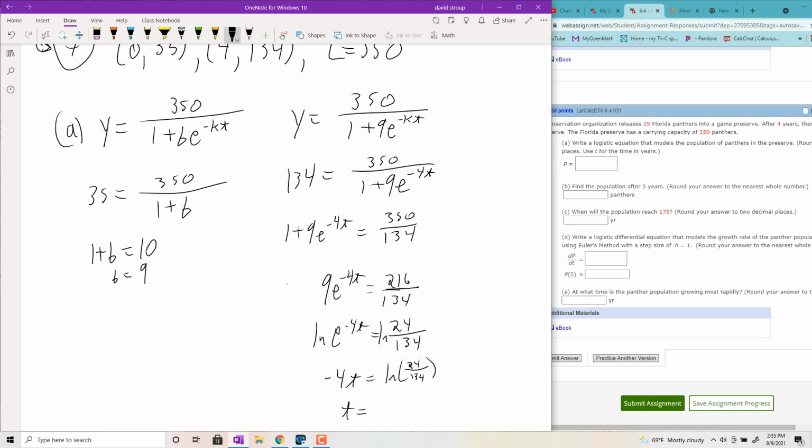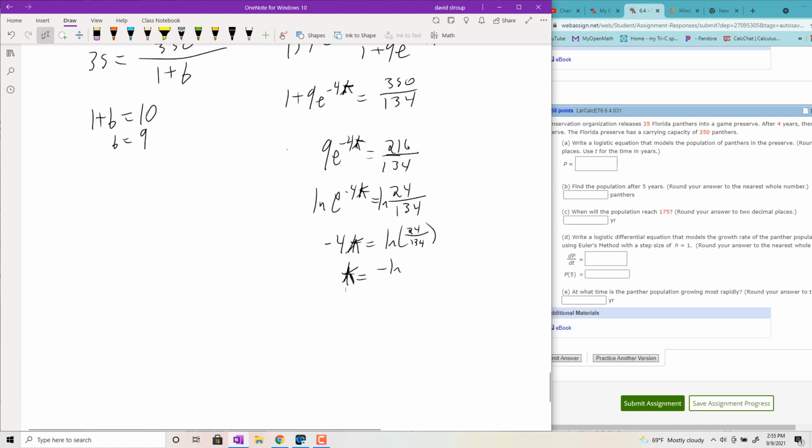Divide by negative 4, and that will give us k. Sorry, we're not solving for t, that's k. So this was k throughout. Sorry about that. And that'll be negative ln of 24 all over 134, all over 4. And then get your 4 decimal approximation.